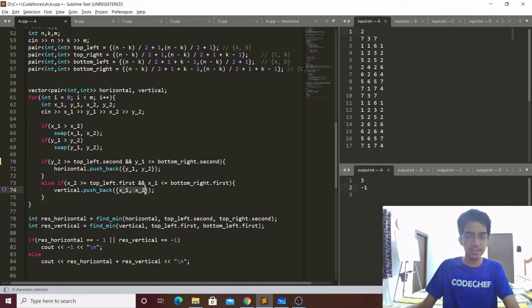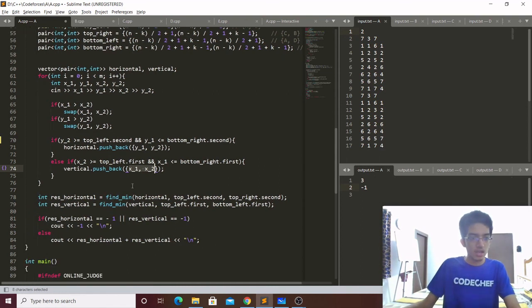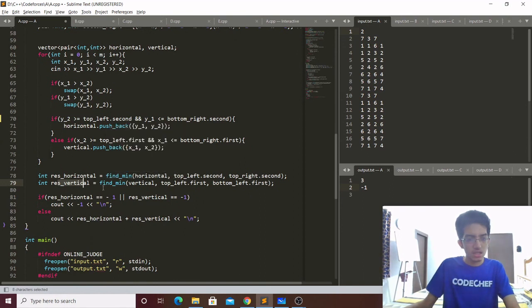So this is how we categorize the snakes, and here we just call in the results for the number of horizontal snakes and the number of vertical snakes. Or wait, sorry, horizontal and vertical.